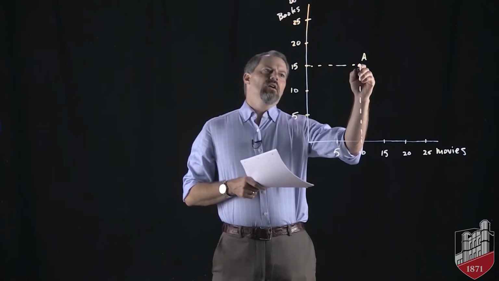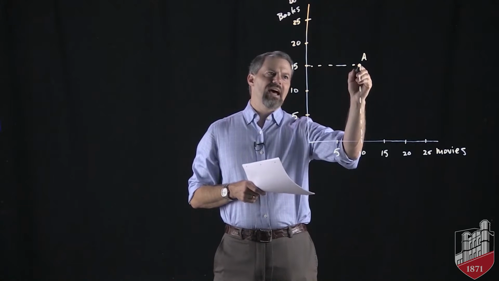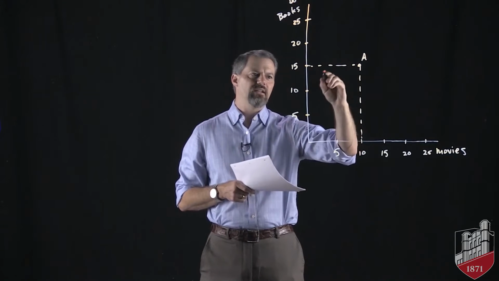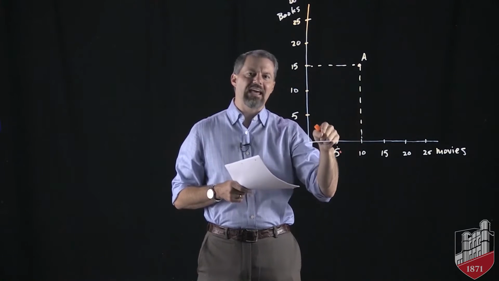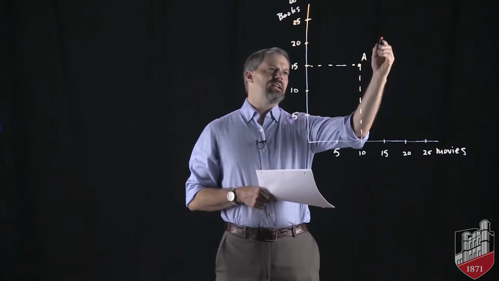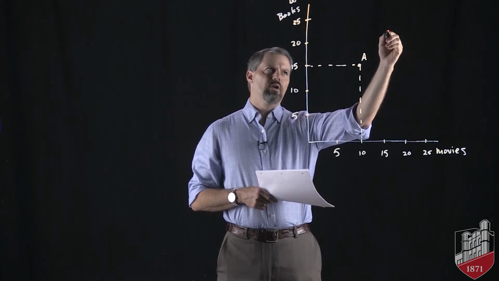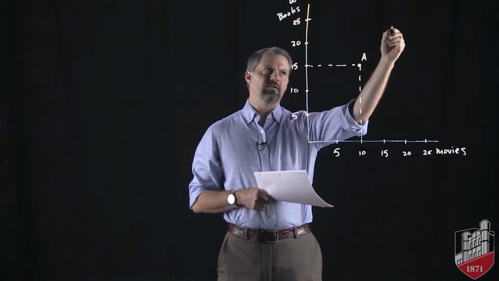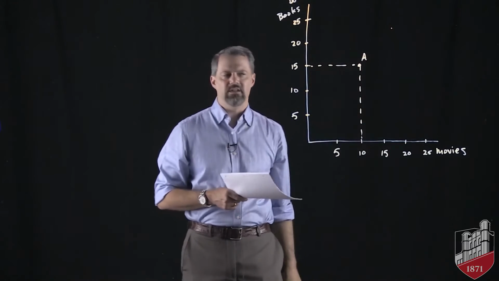So we can say that compared to point A, the consumer would like point A more than any of the bundles down in this space right here, because any bundle down in this space would have fewer books and fewer movies. We can also say something about any bundle to the northeast of A. The consumer would like a bundle out here more than bundle A, because that bundle would have more books and more movies.